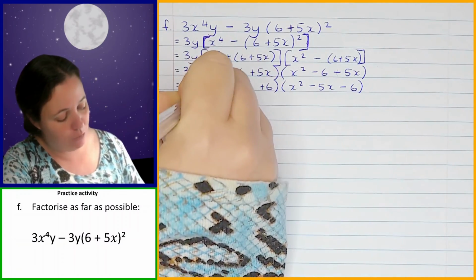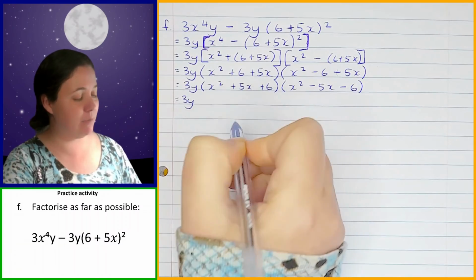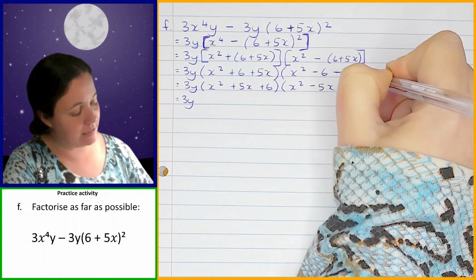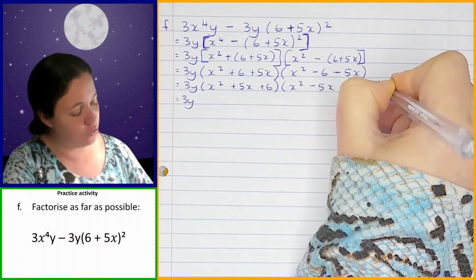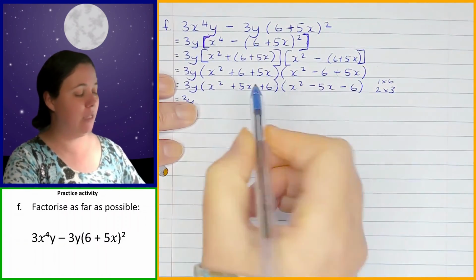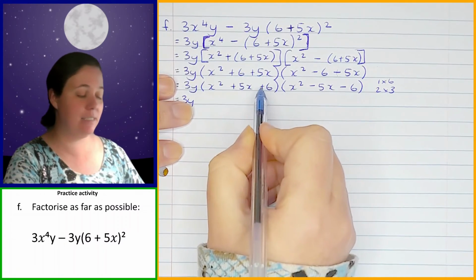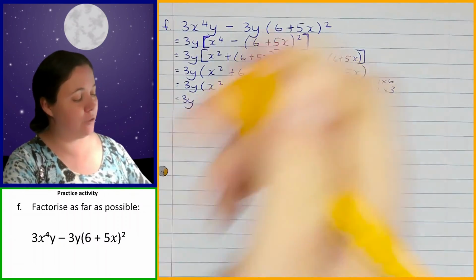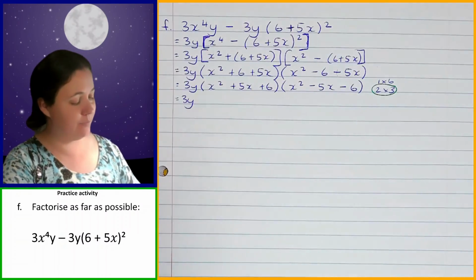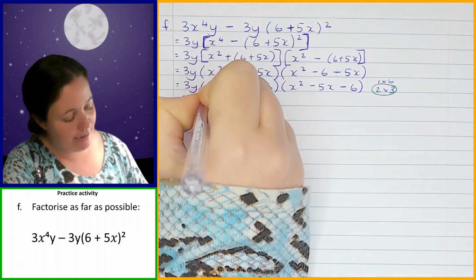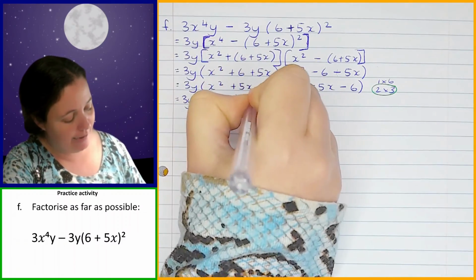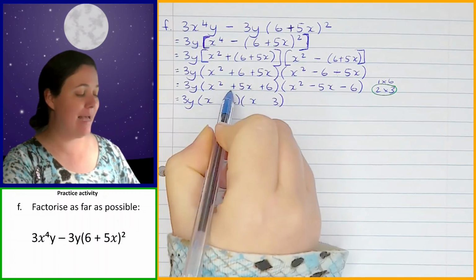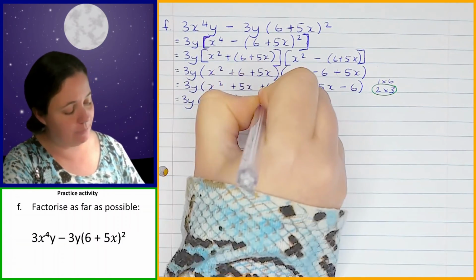So I've got 3y and then x squared plus 5x plus 6. The factors of 6 are 6 times 1 or 1 times 6, and 2 times 3. For this trinomial, I'm going to be adding the factors, because that's a plus, to get 5, so I'm going to be using the 2 and the 3. So I've got x and 2, x and 3. Because this is a plus, the 2 signs are going to be the same as that middle term, so that's going to be plus and plus.